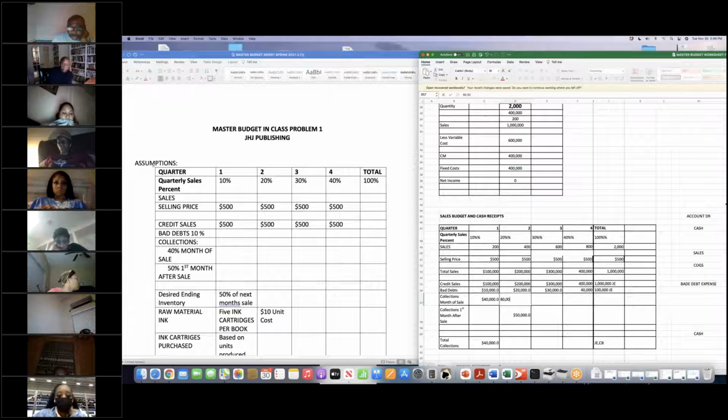So what is our total collection going to be in the second quarter? 80 on the current ones, 50 from the first quarter. 130,000.